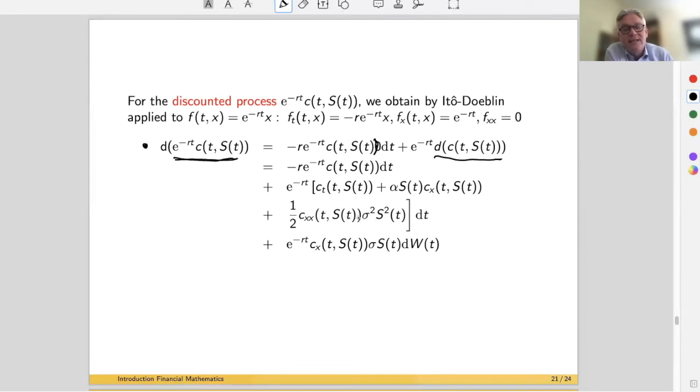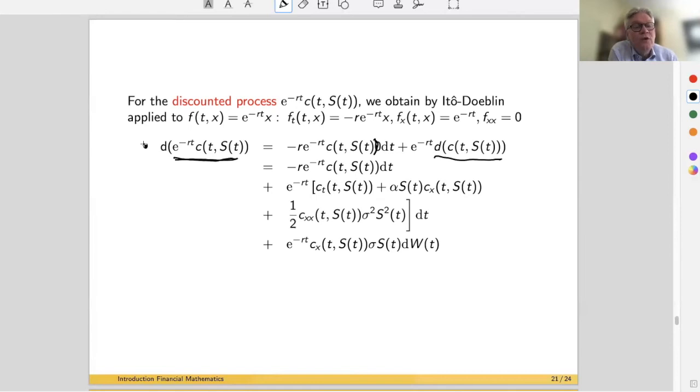What is inside is a dt term representing dC/dt plus alpha S dC/dS, plus 1/2 the second derivative of C with respect to S, sigma squared S squared dt, plus the remaining term, discounting e to the power minus RT dC/dx times sigma S dW_t.